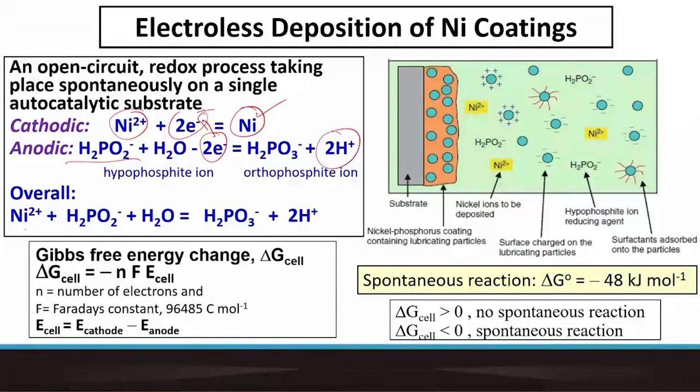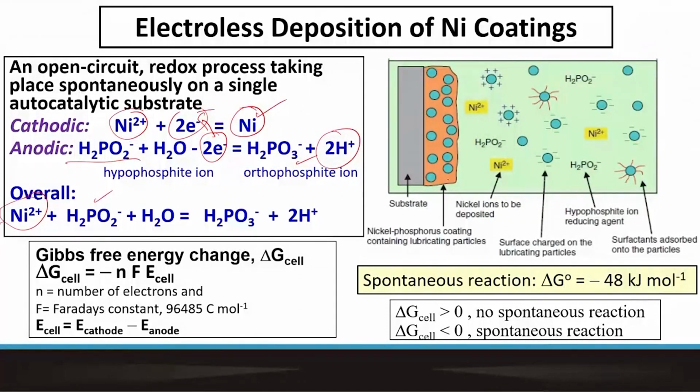So the overall reaction is this, that I have nickel ions available in the solution, and I allow hypophosphite, I probably am using a hypophosphite solution in aqueous medium, and I produce orthophosphite ion, and the electrons that I donate from this anodic reaction are used up to reduce nickel cation into nickel deposits.